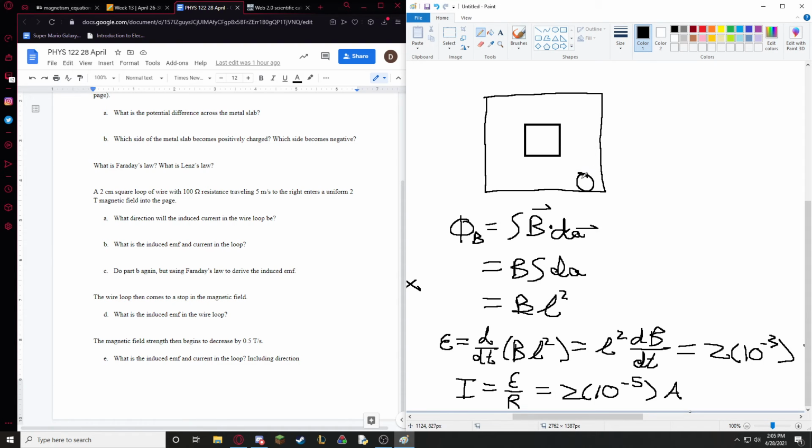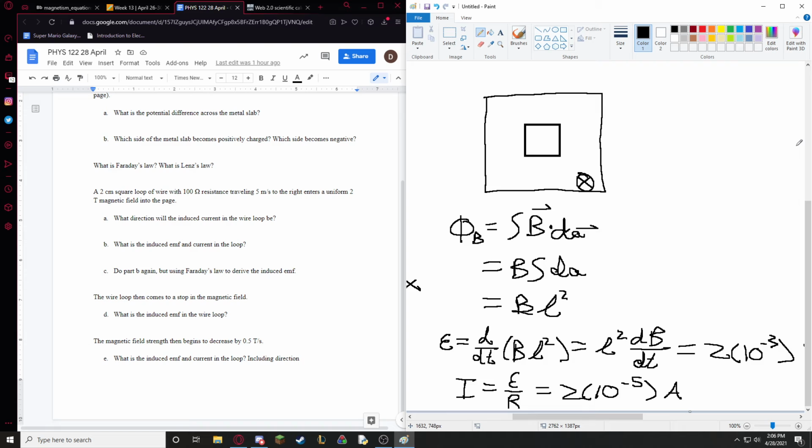So our magnetic field is into the page. So what direction is the flux? The flux is the same direction as the magnetic field, right? It's also into the page.